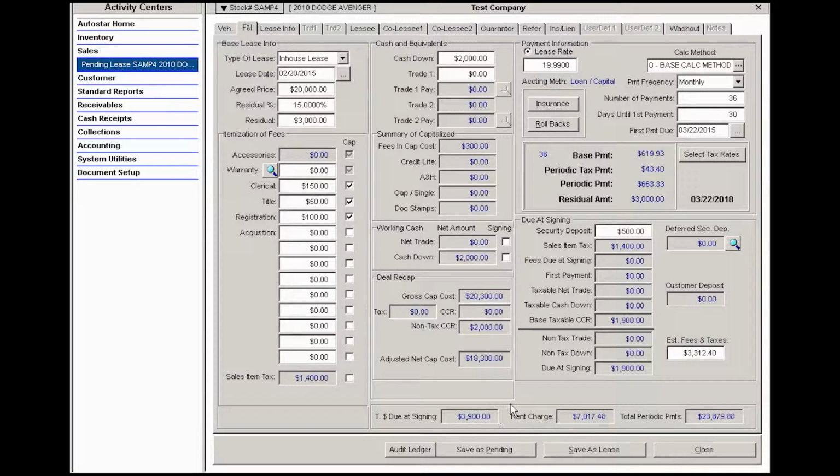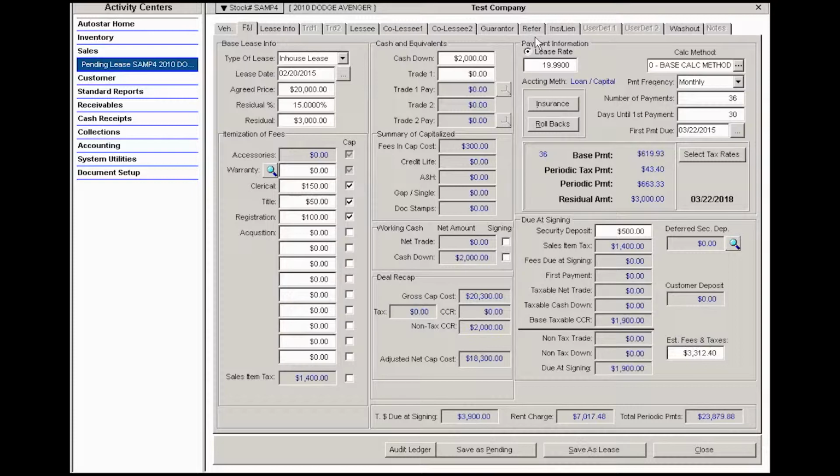That's the $2,000 plus all the due at signing fees that I have. If I check the $2,000, then all that becomes due at signing is the down payment, and we've offset the remaining cap cost reduction with that $2,000. So it's up to you whether you want to use the cash down or collect everything that's due when they sign the lease term papers.